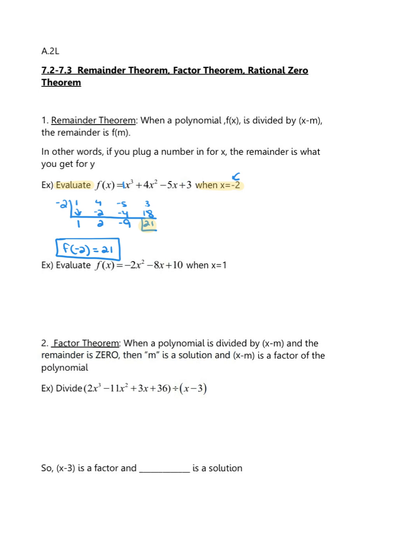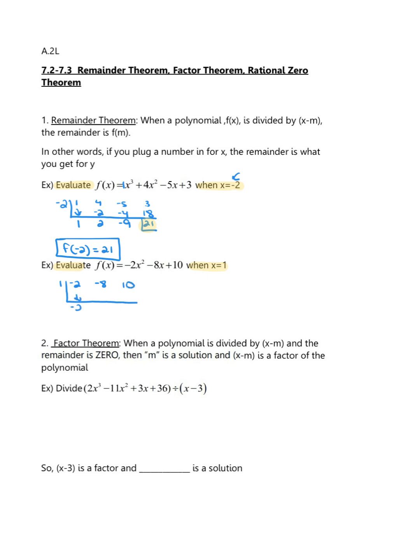All right, so the next example, evaluate f of x when x is equal to 1. So evaluate when x is 1. That means we're using synthetic division. We're dividing by 1. -2x squared minus 8x plus 10.